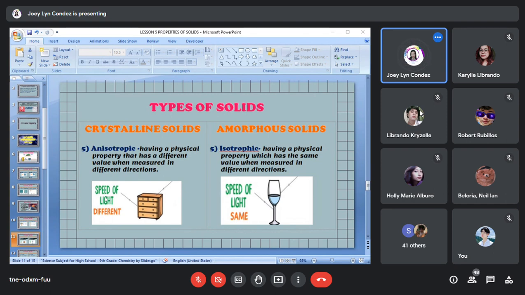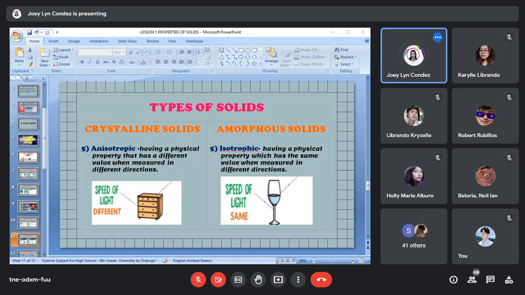Okay? So that's anisotropic. While glasses or amorphous solids are isotropic, meaning having a physical property which has the same value when measured in different directions.